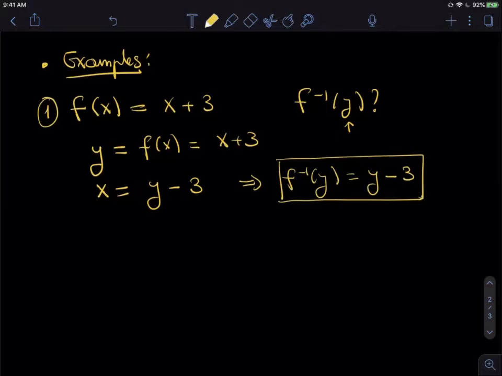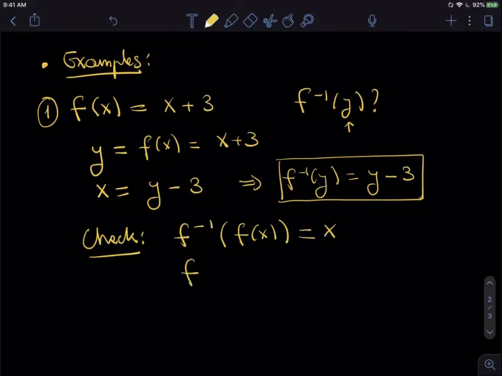But here we need to check, okay? So let me check that actually this is the inverse. You can use either of these properties.